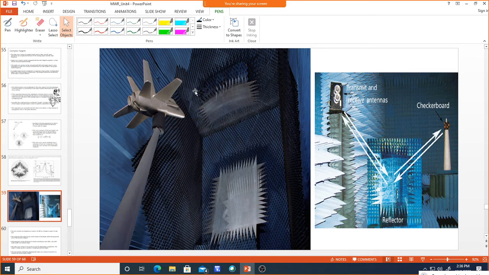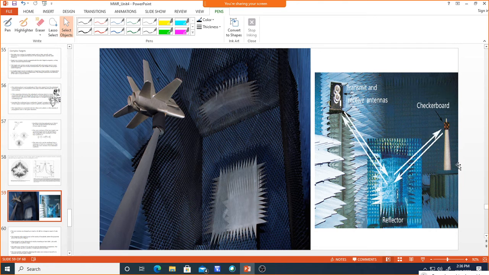This is one of the scenarios to measure the RCS of the aircraft or any device which we can place. This transmitter and receiver are connected to the VNA, and they can measure the transmit and receive power. Based on that they can calculate the RCS of this device.